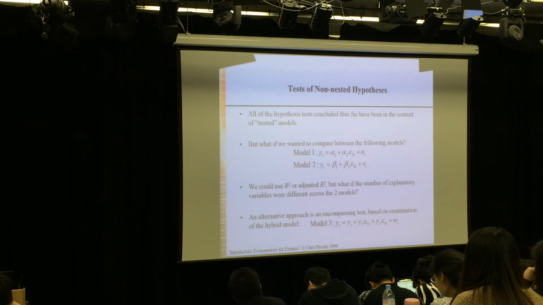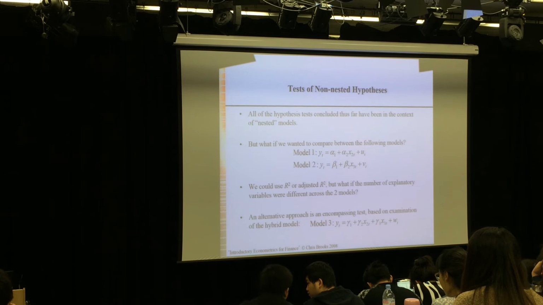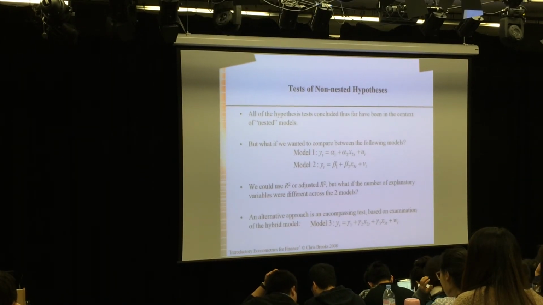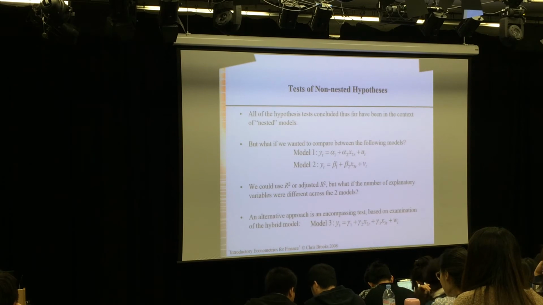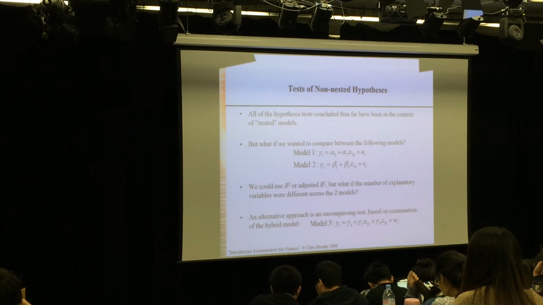What I'm getting you to do in the lab is nested models. What it means is that you add another variable to the model. In the labs we added in momentum, for example. You had three Fama-French factors plus momentum. So the previous model was nested within the new model, and you can compare whether the nested model was better or the new model was better.